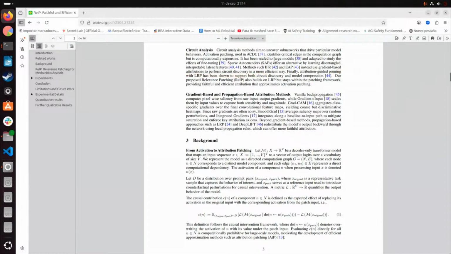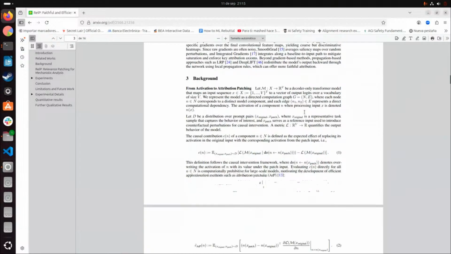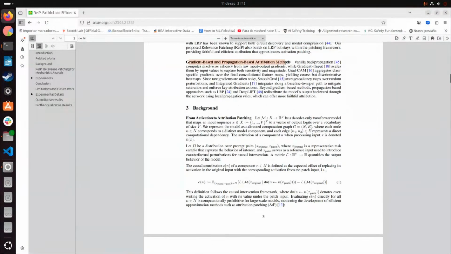I have seen the previous things like HCDC, but I hadn't seen this new stuff which uses gradient-based attributions. Maybe we can read some of those in future reading groups. But yeah, gradient-based and propagation-based attribution methods.